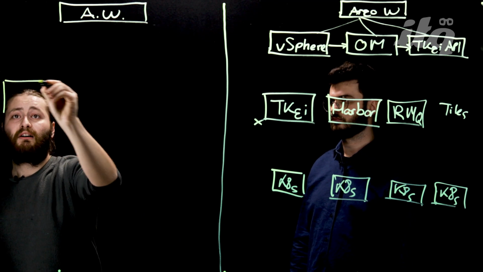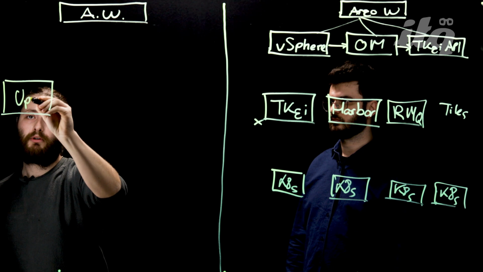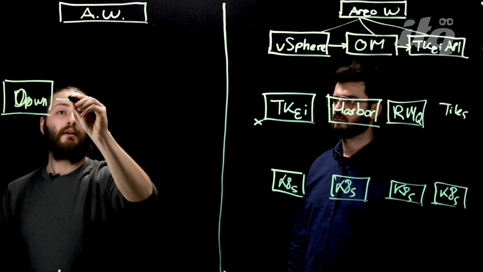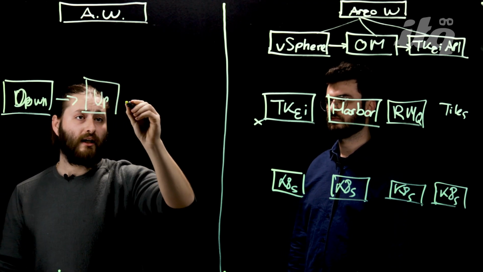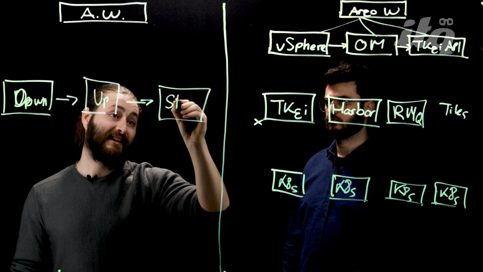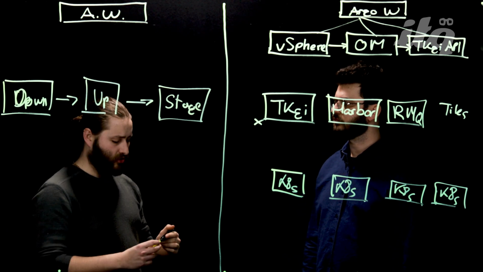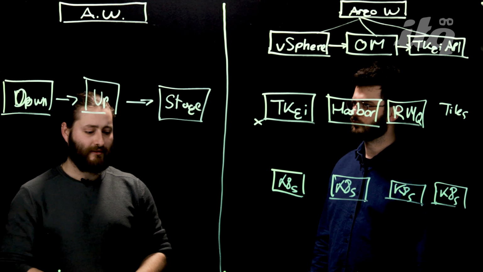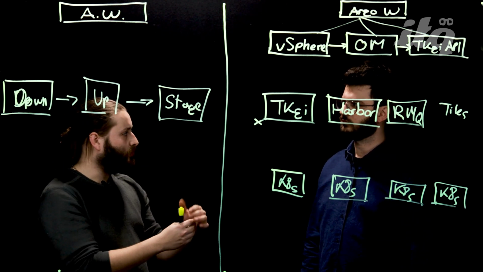So let's say we have a couple of steps here. This is download. Then, of course, you have the upload. And ultimately you also have a step called staging, in which you're not doing the upgrade, you are applying your configuration so that you can really see what you need to edit.